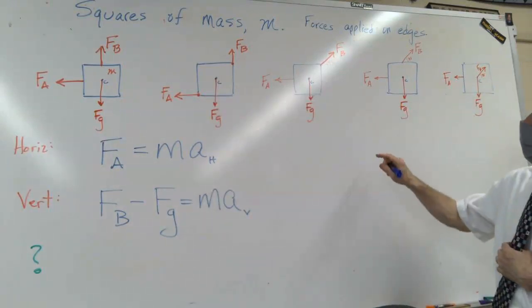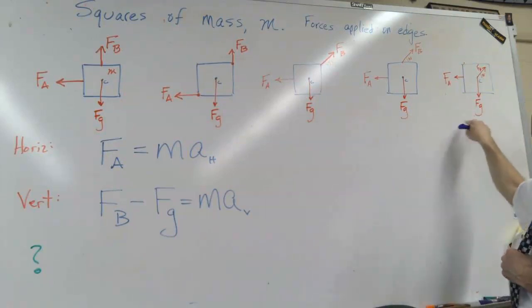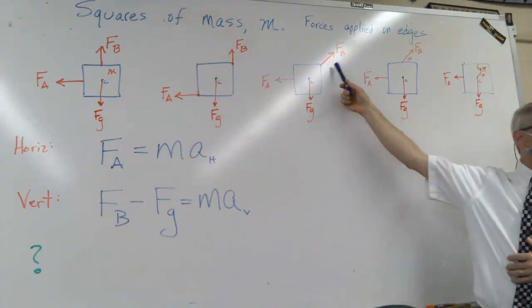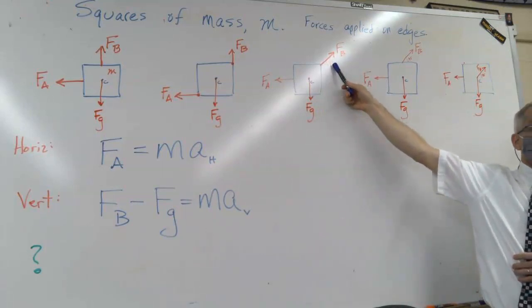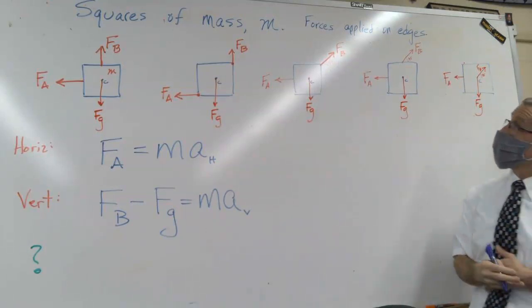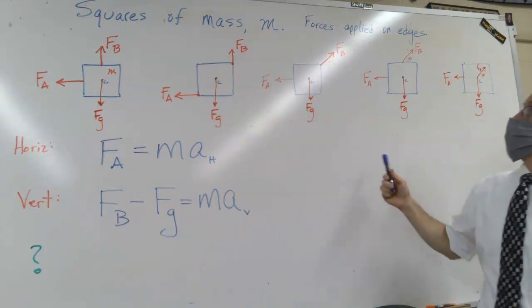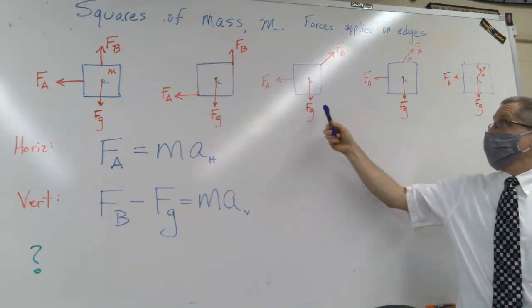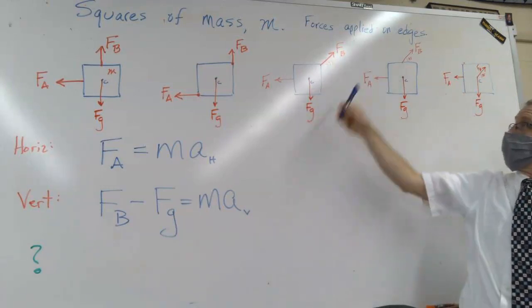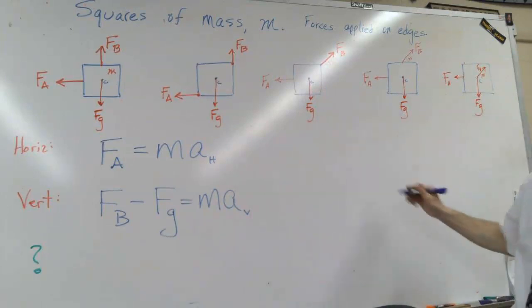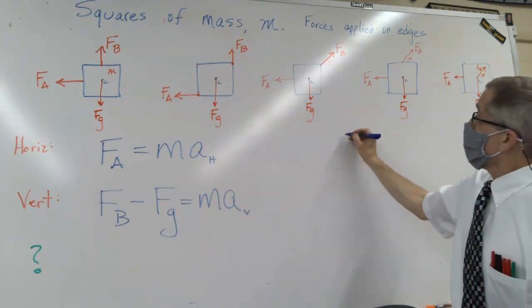And then on these, I guess the only difference is we have to do what with this guy? You have to componentize it. Some would say, maybe it's accelerating that way and you have to componentize those, but it doesn't matter which one you componentize, it just sometimes makes it easier or harder.